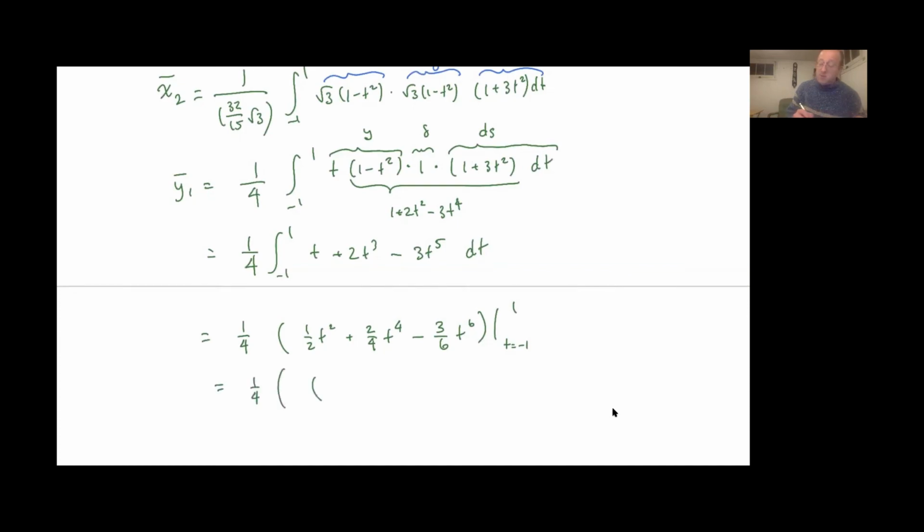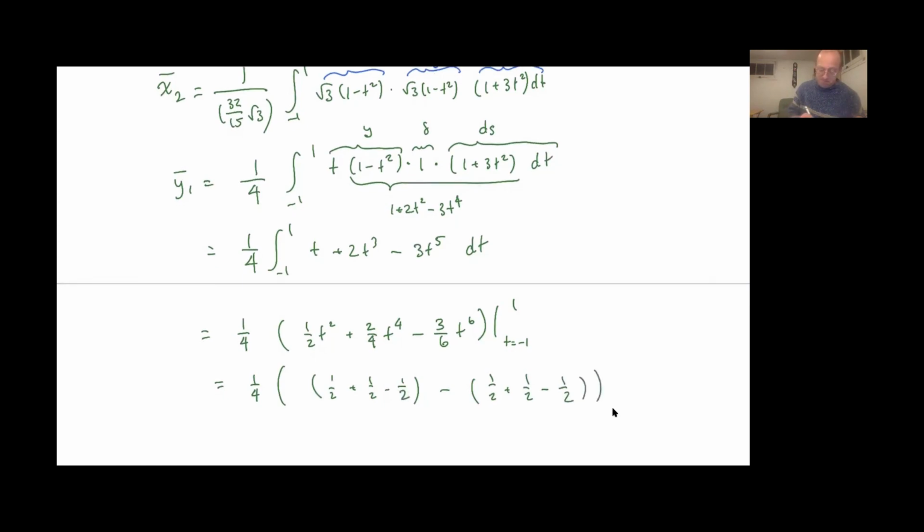So when we plug in 1, we get 1/2 plus 1/2 minus 1/2. When we plug in t equals -1, they all get squared out. You get 1/2 plus 1/2 minus 1/2. The same thing. And this all cancels out, and we get 0. The y coordinate here is 0.